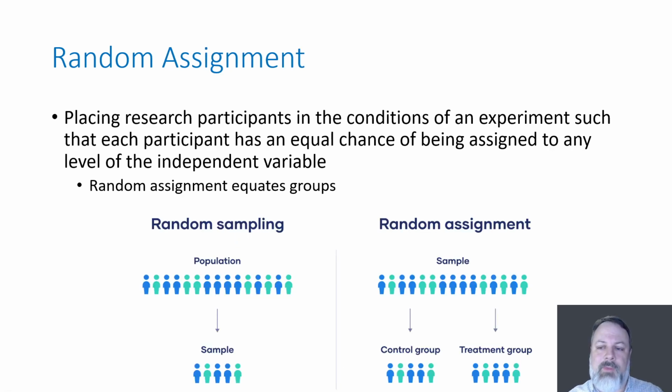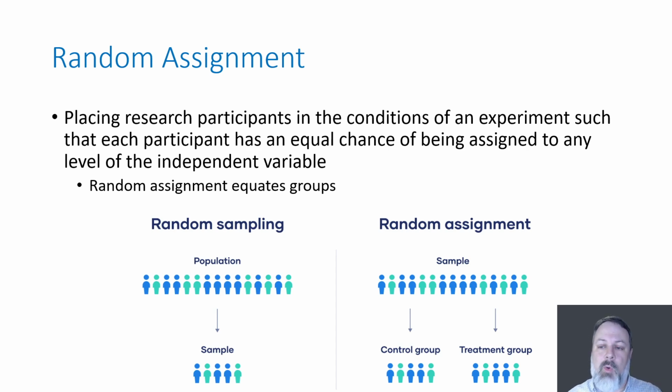Now, a term that sometimes people get confused is random assignment. Random assignment is how we create our control and experimental groups in an experiment. In random assignment, everyone who is in our sample can then be randomly assigned to one of however many groups I have.